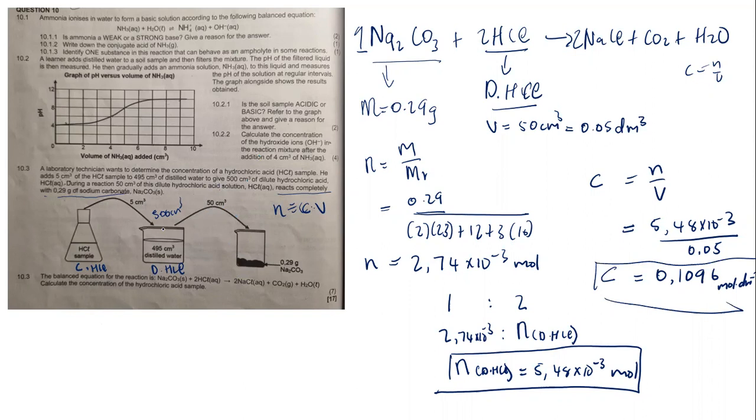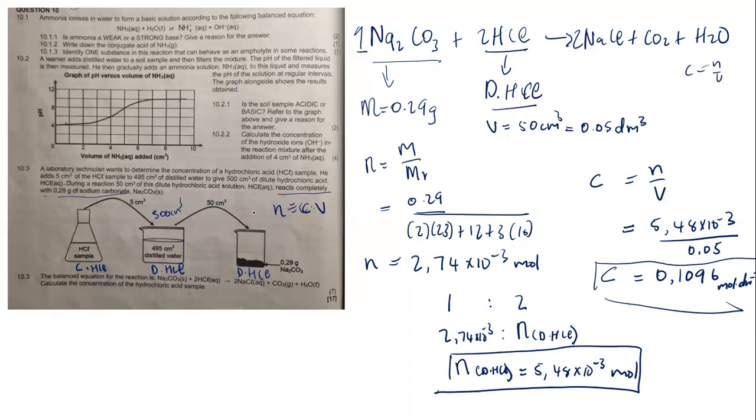What is the volume here? Here we have 500, right? 500 cubic centimeters. So that means diluted, we use diluted. Don't forget that. Diluted HCl, diluted HCl. They have the very same number of moles. It's just that the volumes are different. That means the concentrations are also going to be different.